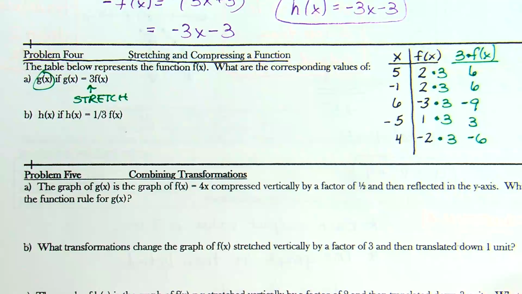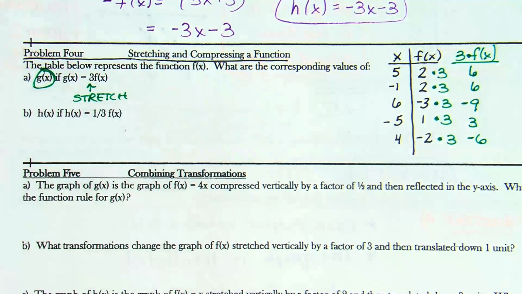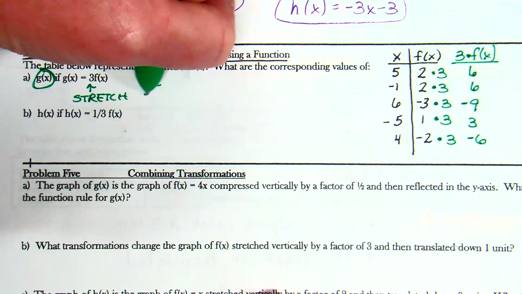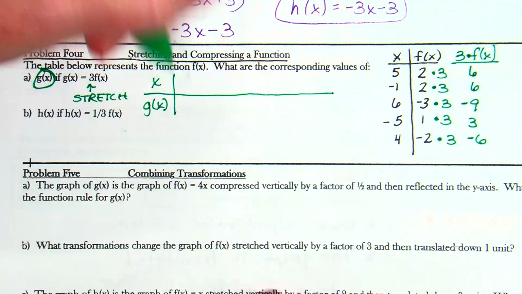Now, I am much more a vertical chart person, but the space here is not set up for a vertical chart. It's set up for a horizontal chart. So I'm going to set up a chart where x's are on top and g of x's are on bottom. The original ordered pair was 5, 2. I multiplied by 3, and so instead of 5, 2, now I'm going to write it as 5, 6.